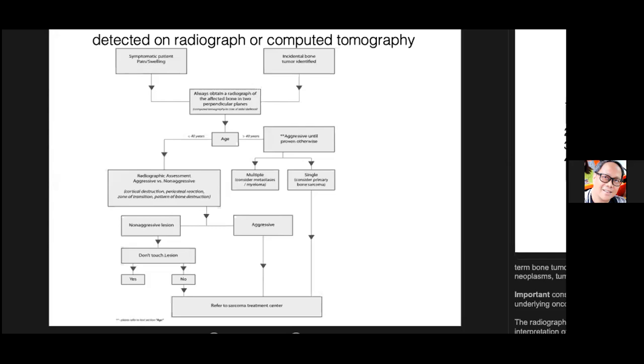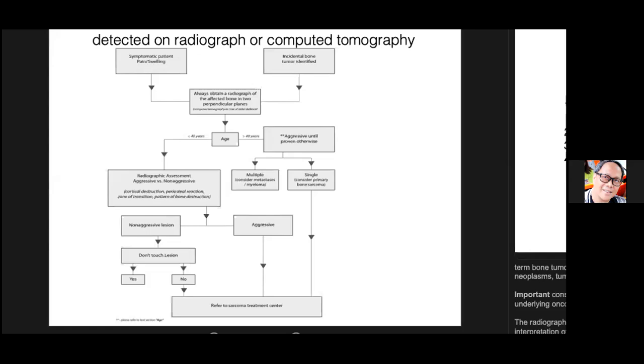MRI is able to display the conditions of the medulla much earlier than an X-ray could. And of course, radionuclide imaging can also be useful, but it gives you a very poor anatomic detail. So it's more useful for determining the extent of a metastatic lesion.